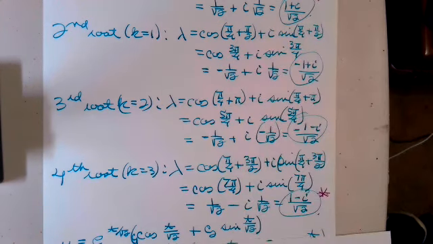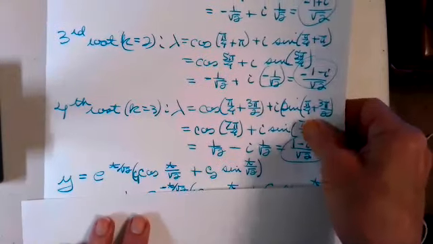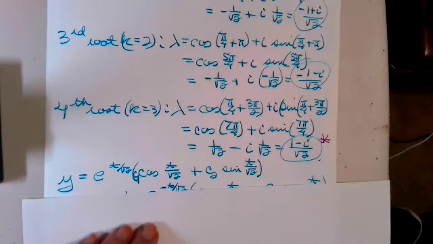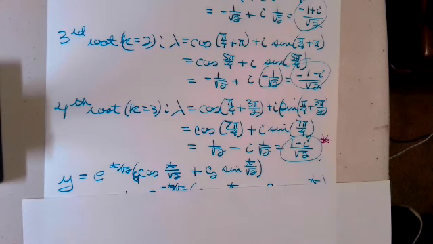So here's one set of solutions. You get an e to the real part. Remember, the roots look like 1 over the square root of 2 plus or minus 1 over the square root of 2 i.